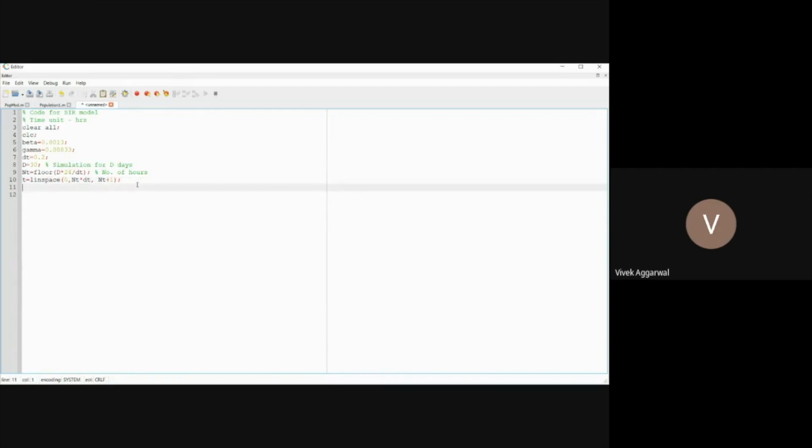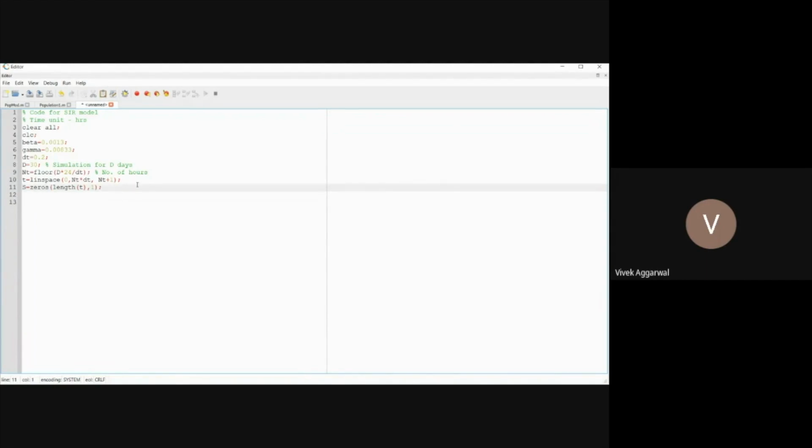Now I have to take the solution. So the solution I'll just define, S is equal to zeros. Its size will be the length of t and a column vector of 1, so it is just a column vector.